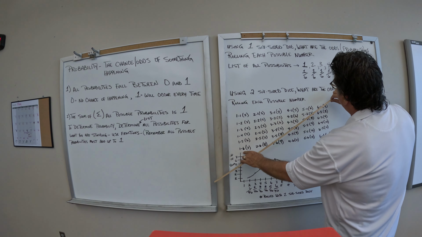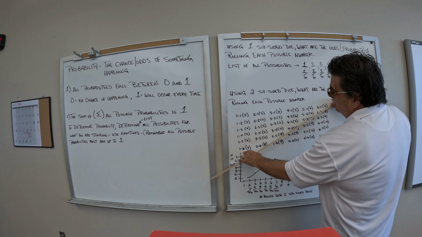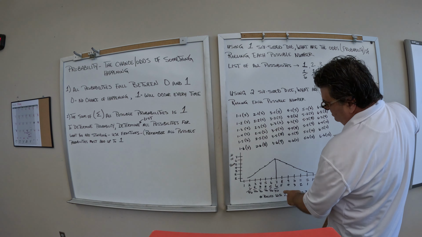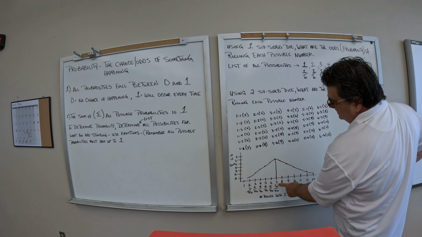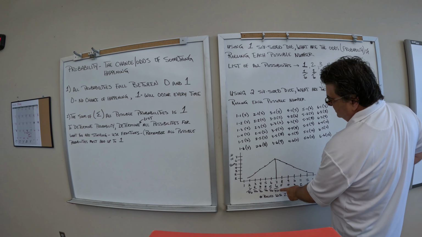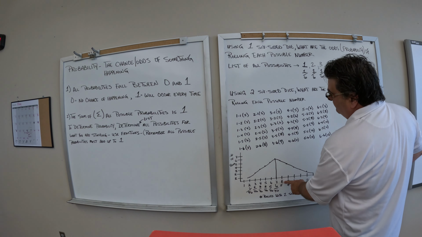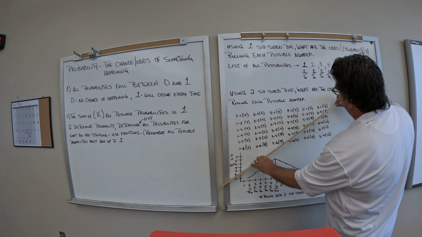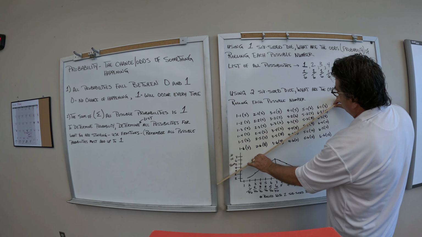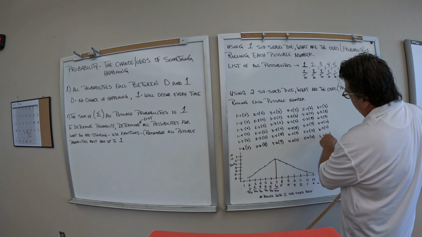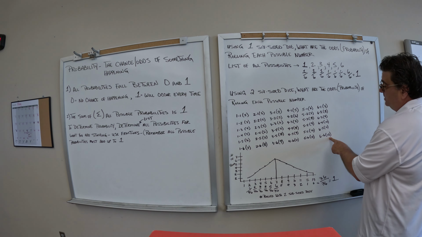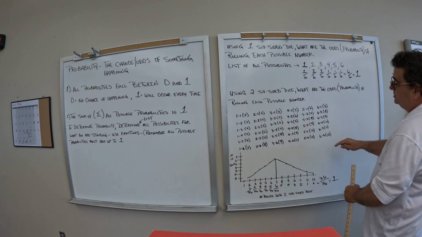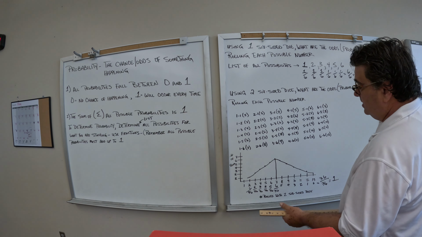And then the 2 corners of this square add up to 7. There are 6 different ways to get a 7 of the 36. We go to an 8. 8's here. It starts going back down to the other side of this square to a 12. The largest number you can roll are 2 6s, and that's a 12.